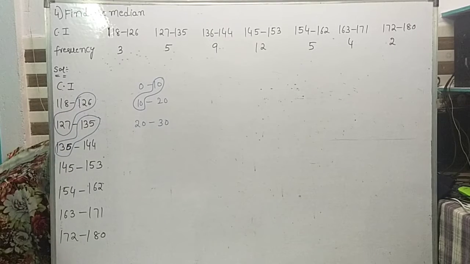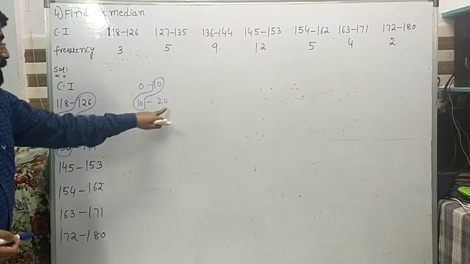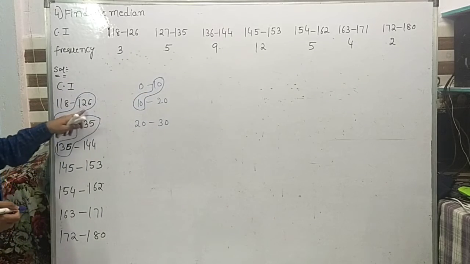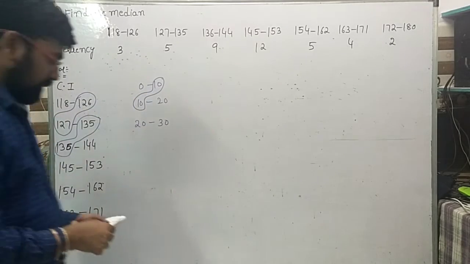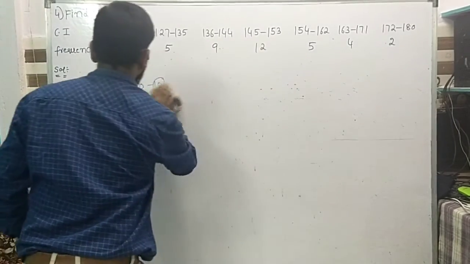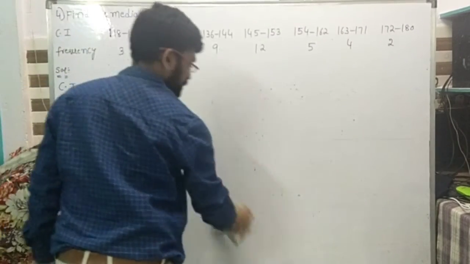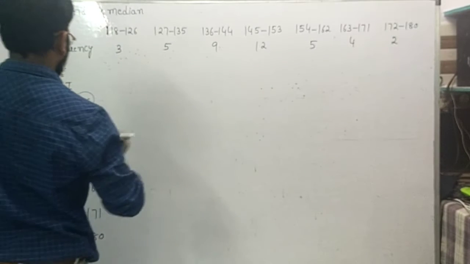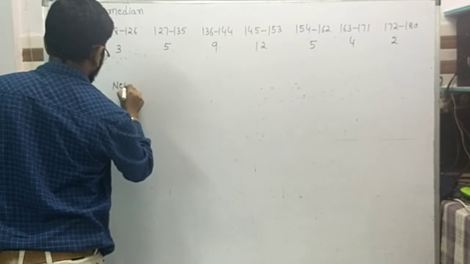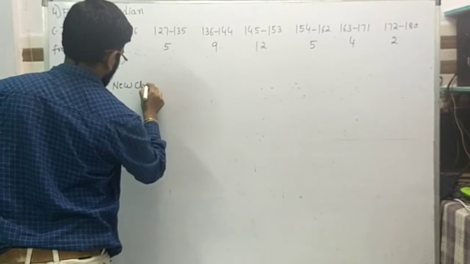So what do we have to do to make them the same? You need to check whether they are the same or not. If they are not the same, what do we have to take? We need to change to new class intervals.